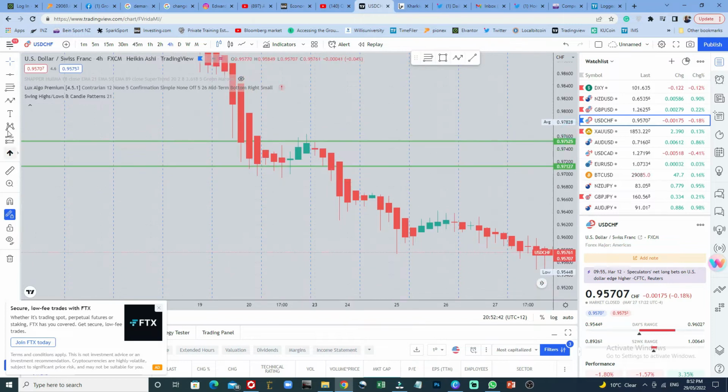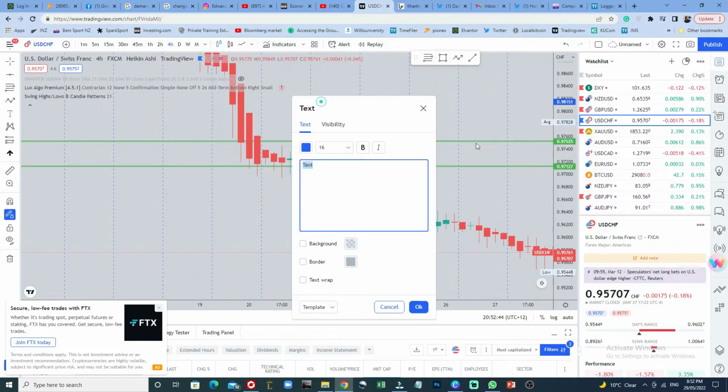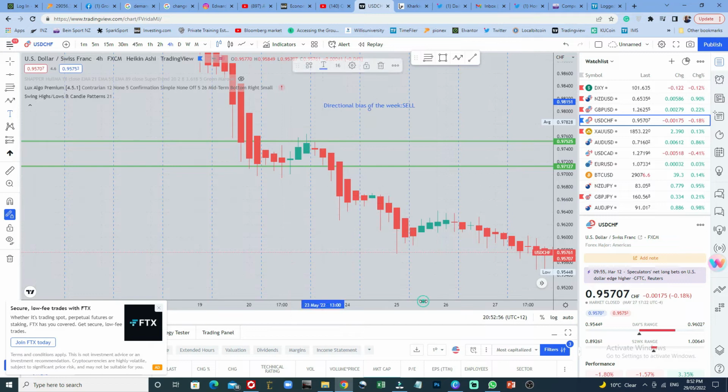Now our directional bias for the week is what? Sell. The directional bias of the week is sell.